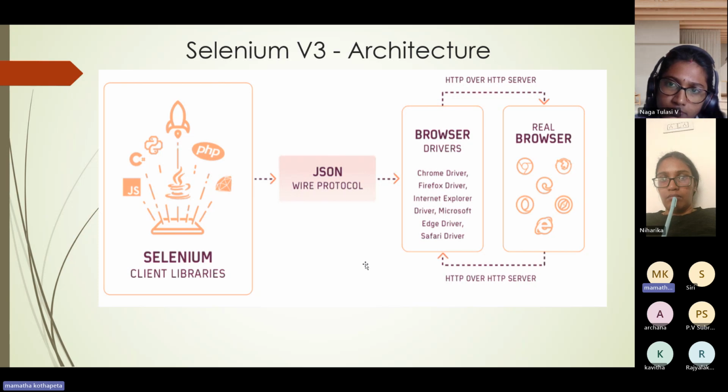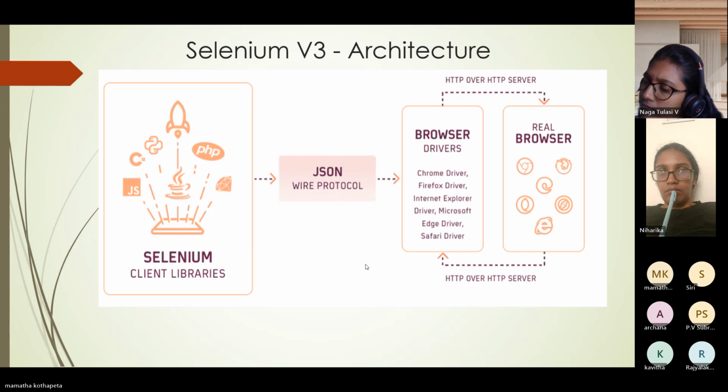What was the communication? The request was going to the JSON wire protocol. The JSON wire protocol used to decode whatever instructions we were giving from the local machine. It will understand, decode, and send it to the browser drivers. Now, what are those browser drivers?